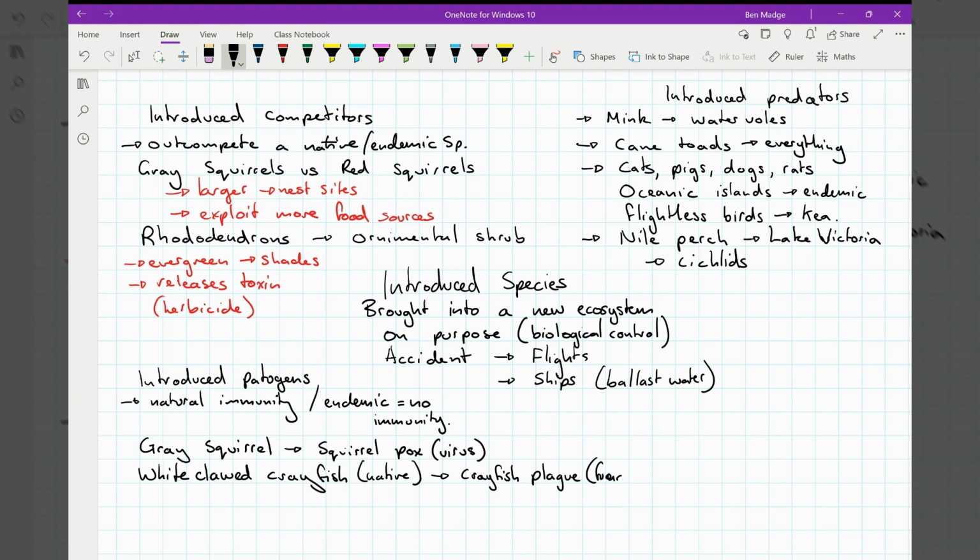And this has been introduced by the signal crayfish, which apparently tastes delicious. That's why it was introduced into the UK as a food source for fish farming. But unfortunately it escaped and also carries this plague, so it directly outcompetes the white-clawed crayfish, which is our native one, and can transmit this disease, which it has an immunity against, but the native ones do not.